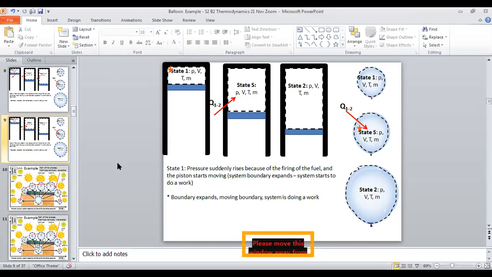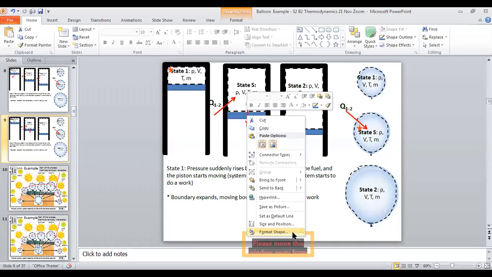So boundary expansion work done. For these two cases, because of the boundary expansion, if you think of the work done, it is from the system for sure. This work done is from the system.